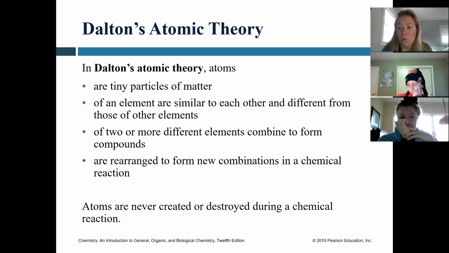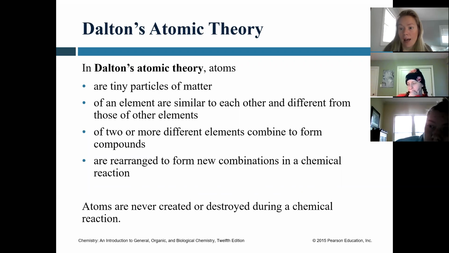Each atom will combine with other elements to form what's known as a compound. When I'm talking about a compound, it's like when two atoms have gotten together in some sort of fused relationship. And you can rearrange atoms in a bunch of different ways to form new things through chemical reactions. So when we have, let's say, water, which is hydrogen and oxygen, H2O, those guys aren't fused for life.